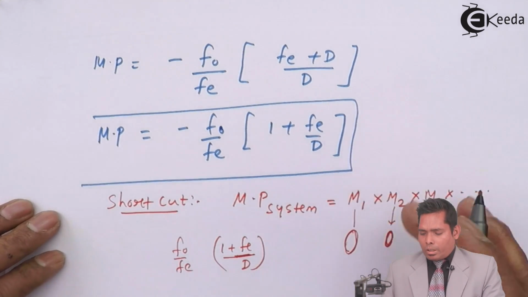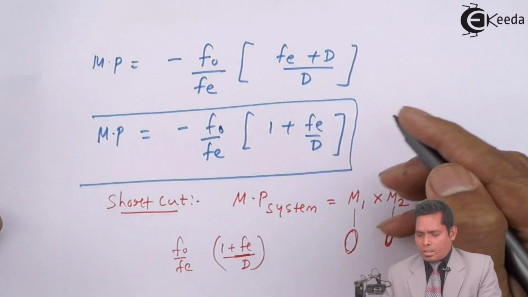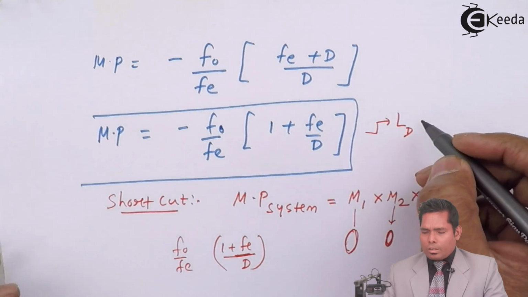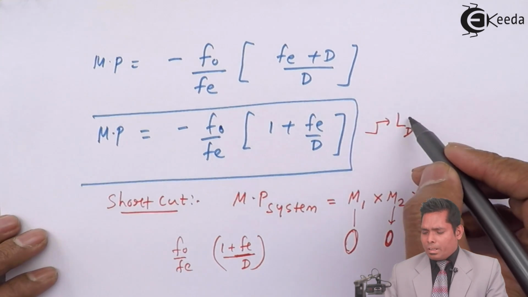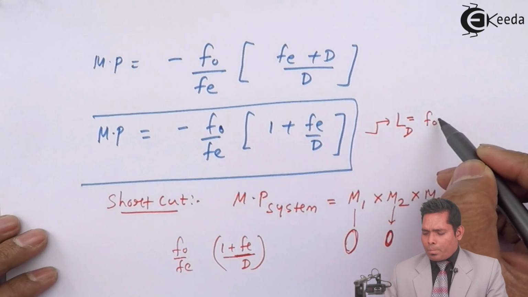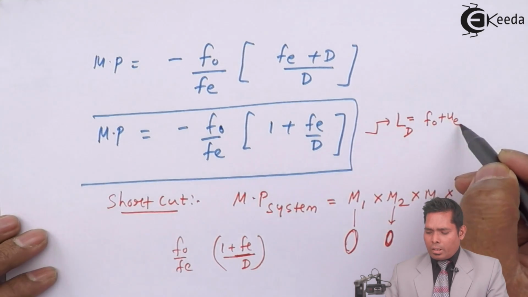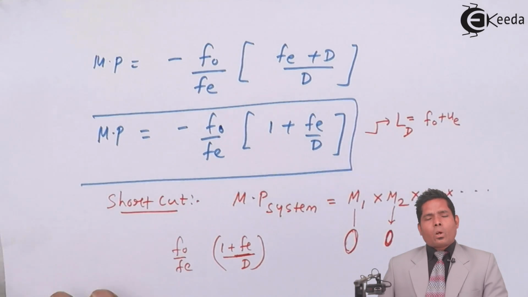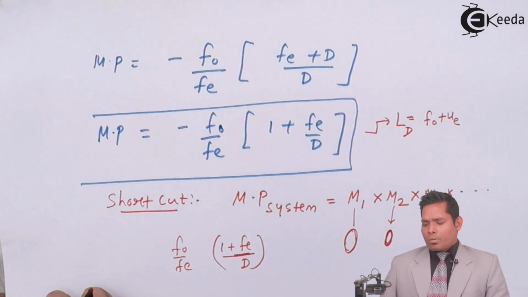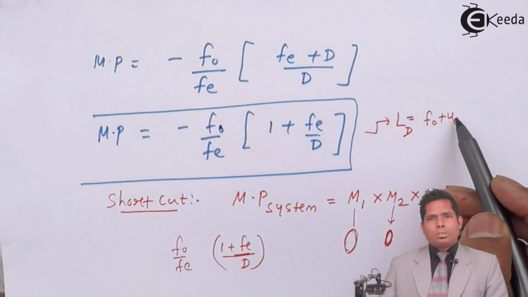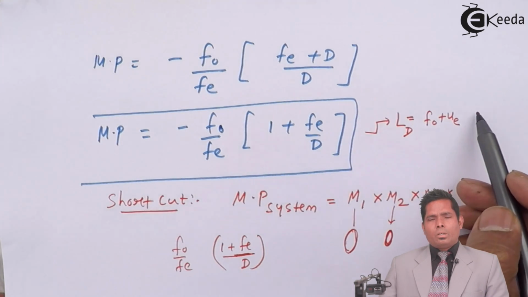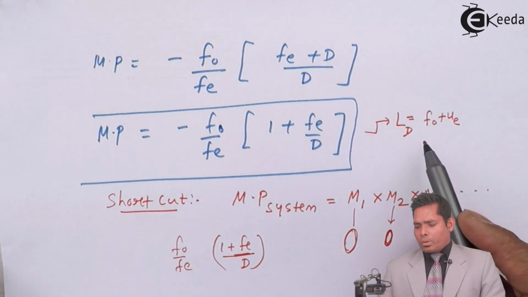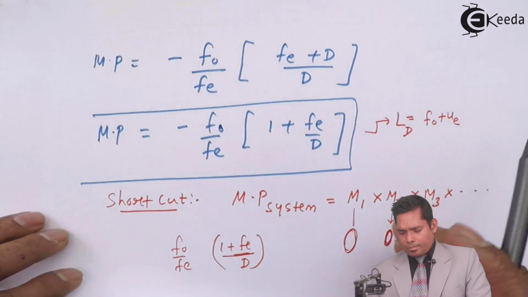So in this situation, if you find the length of the telescope when the image is formed at DDV, it is FO plus UE. This is the expression. Again, you can write UE in terms of V, as we have seen that UE is nothing but V FE upon V plus FE. That I am not going to write, but you can write that.